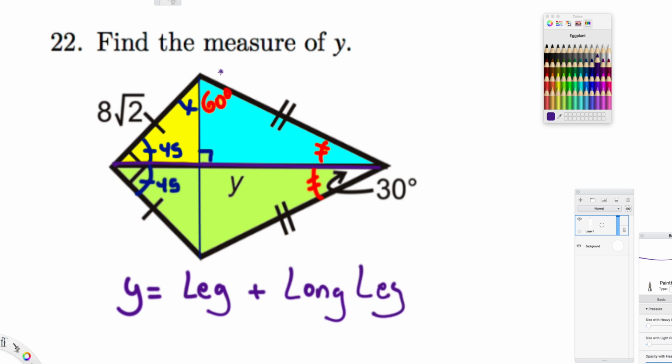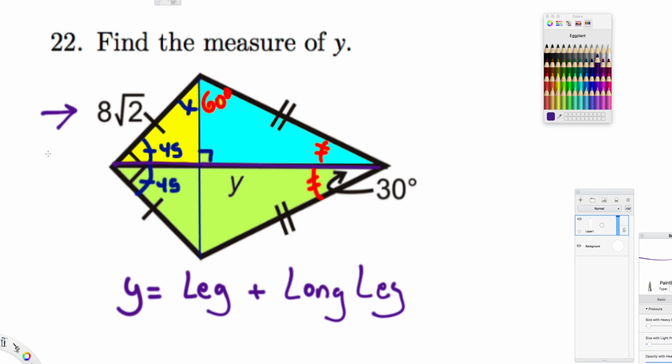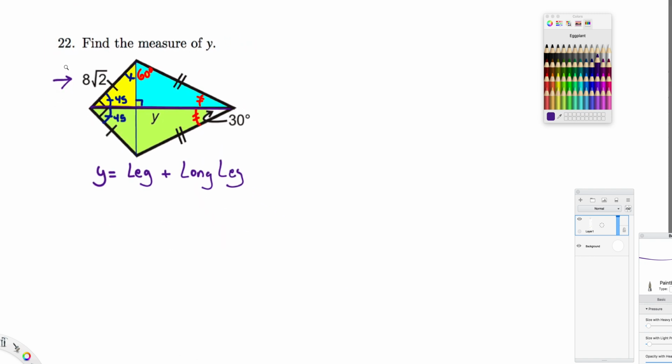Okay, so there is nothing on this side for a side that is given. No sides given anywhere here. We do have this side here, which is the hypotenuse of the 45-45-90.